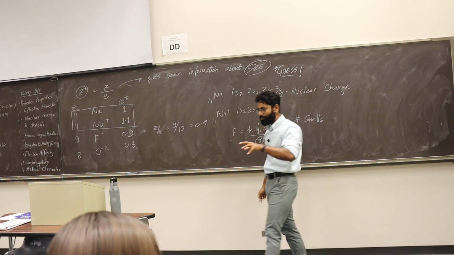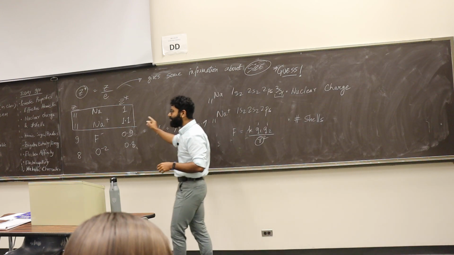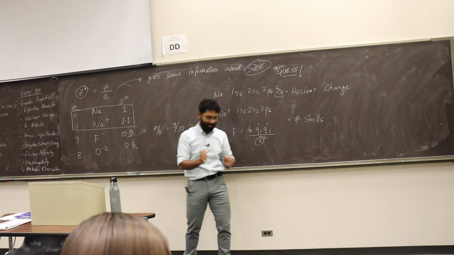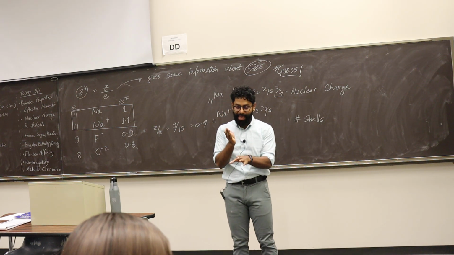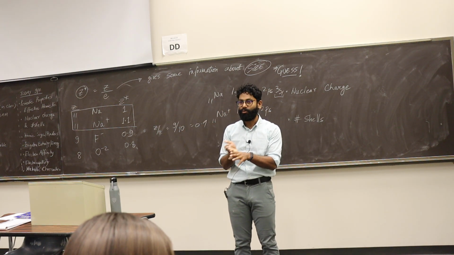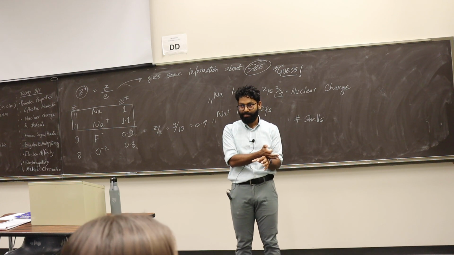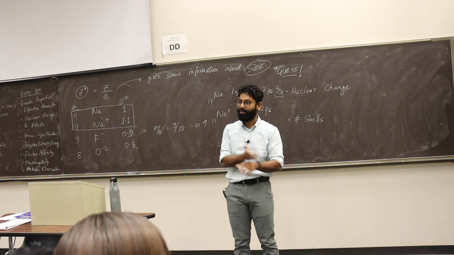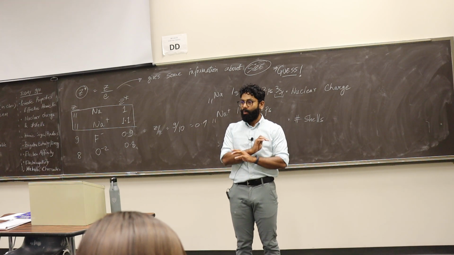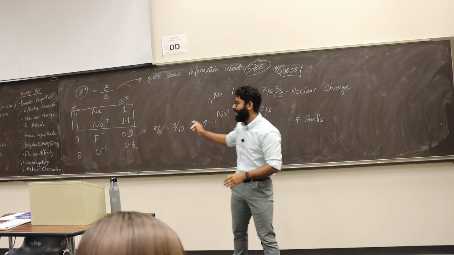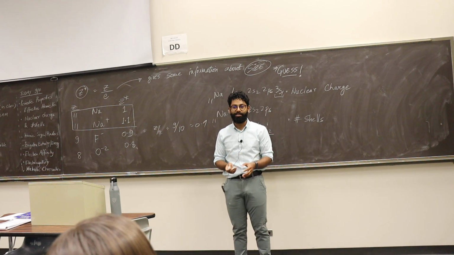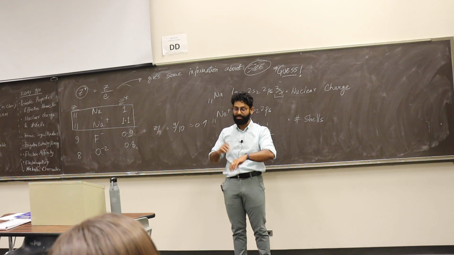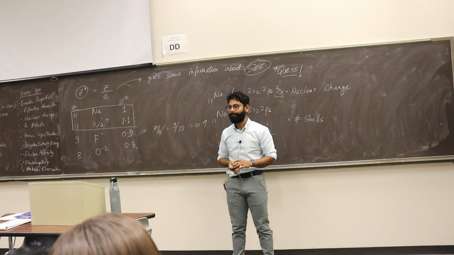So first, let's compare the cation to its original parent element and an anion to its parent element. What will the cation do? What's the relationship between the cation and the parent element? Is the size increasing or decreasing?